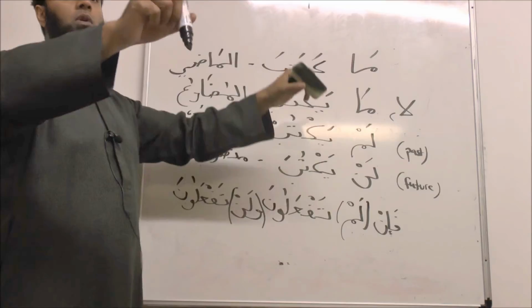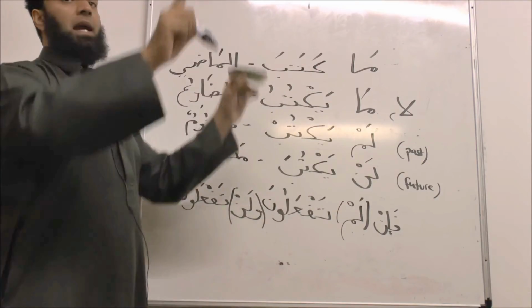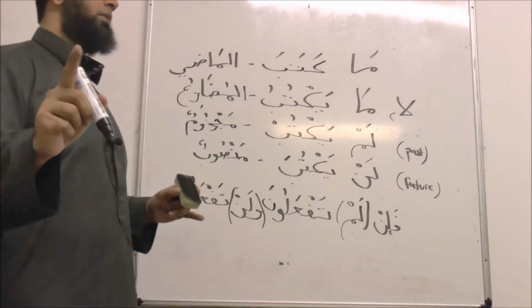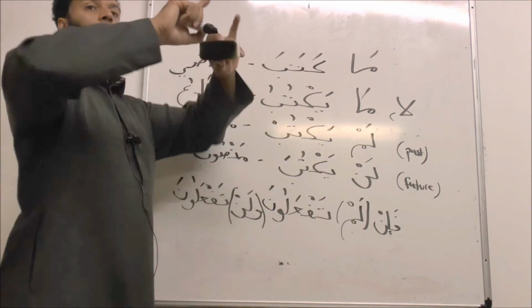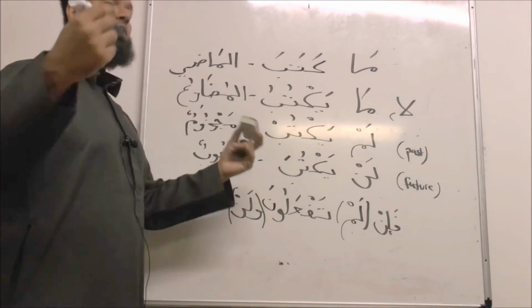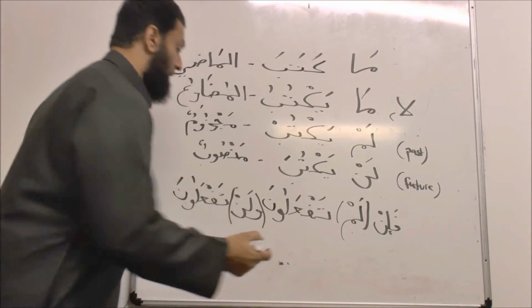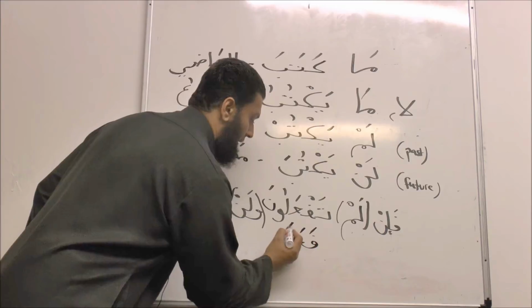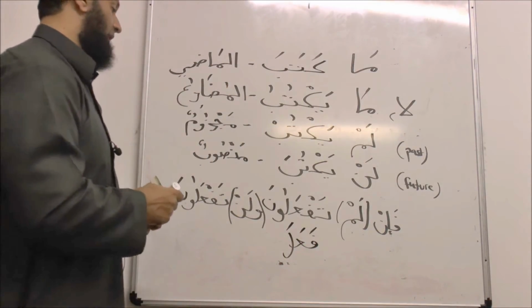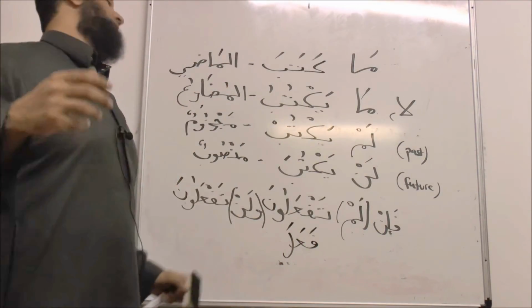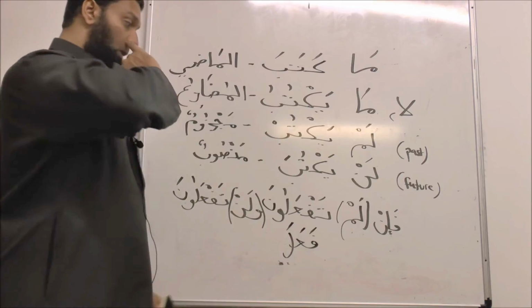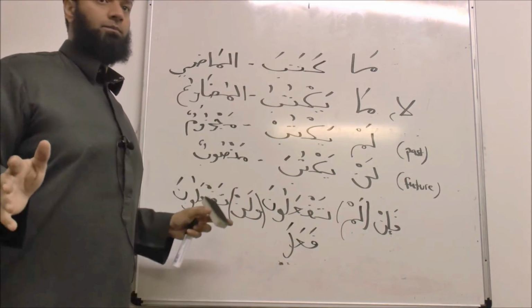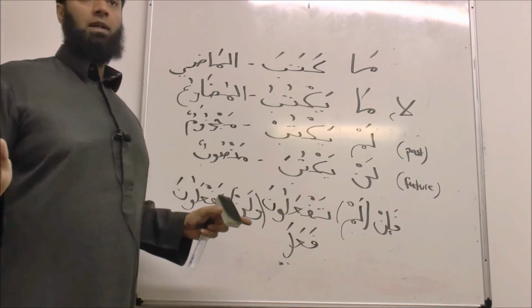Taf'aluna is you, plural, male, but in this context it's male and female. So you, plural, male, doing, from fa'ala. Fa'ala means he did. Taf'aluna means you, plural male, are doing. Okay?